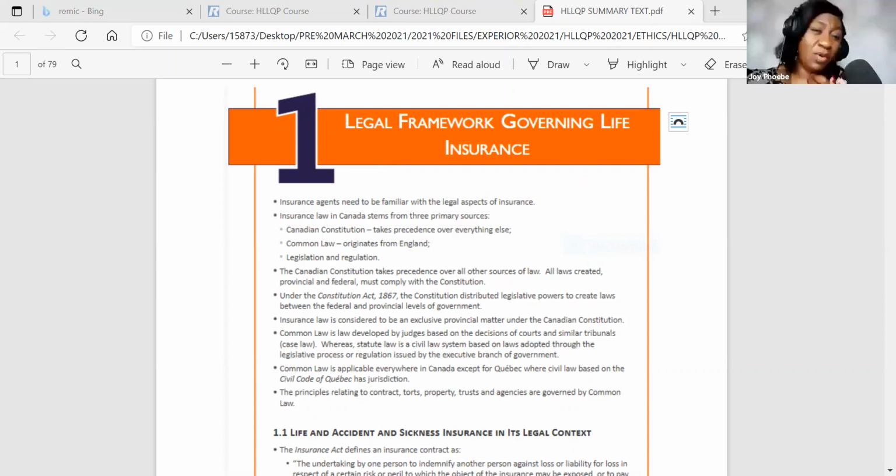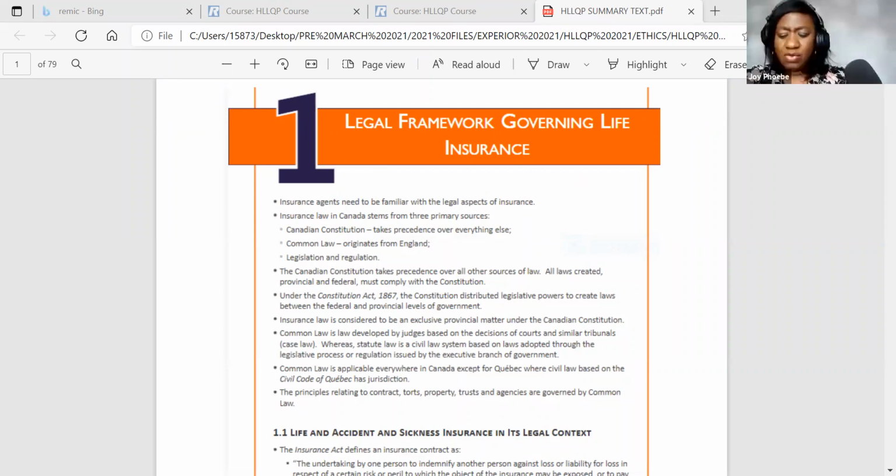Yes, it varies from one province to the next. Okay, so there are different legislations and regulatory bodies. It's on this page, but I'm not going to go into it with all the dates and stuff like that. Let's concentrate on the meat aspect of it.